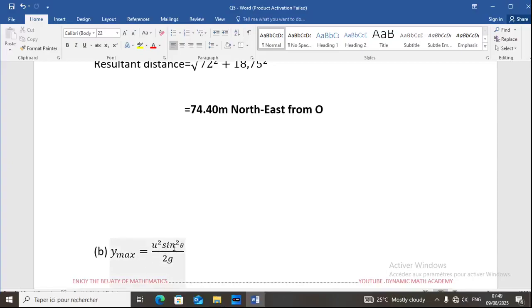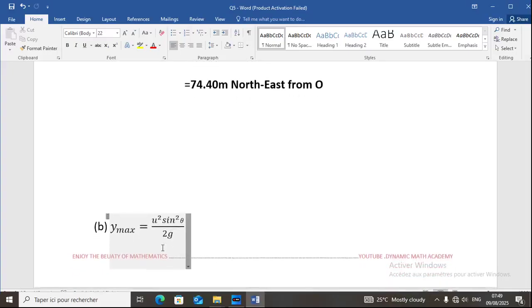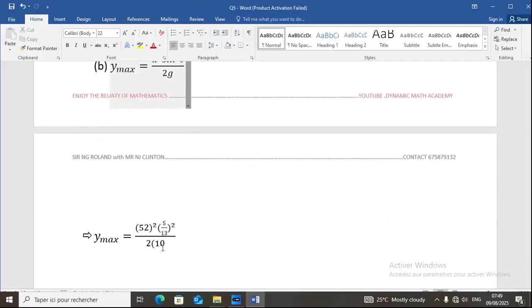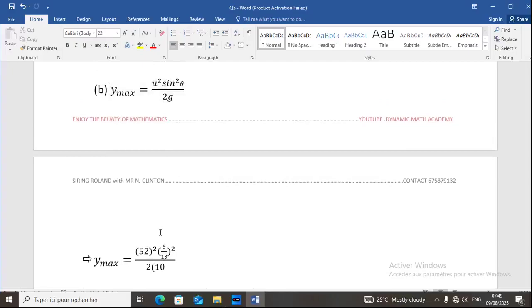What we simply have to do is just input the values. So u, the initial speed, is 52, squared, sine squared theta. Sine theta was found to be 5 on 13 because we are the ones who calculated it. So 5 on 13 squared, divided by 2g, where g here is simply 10.